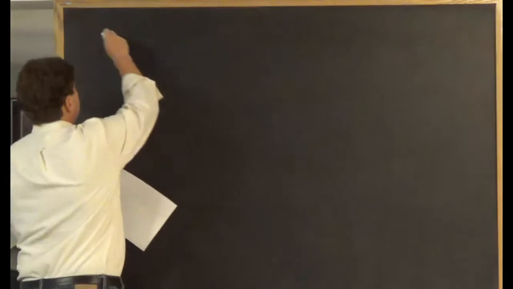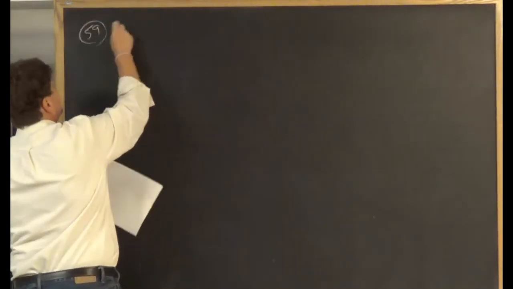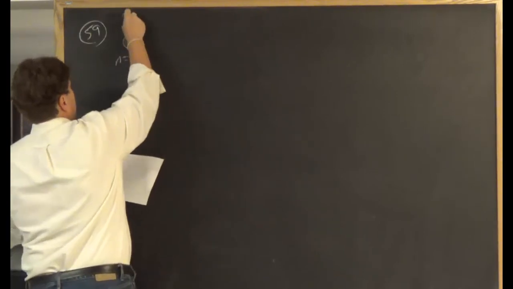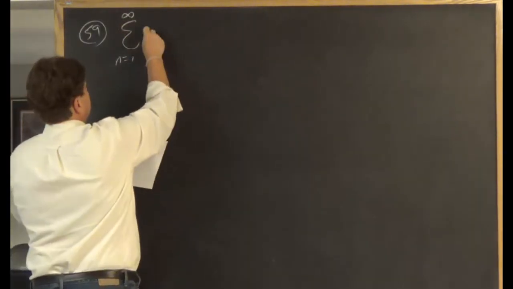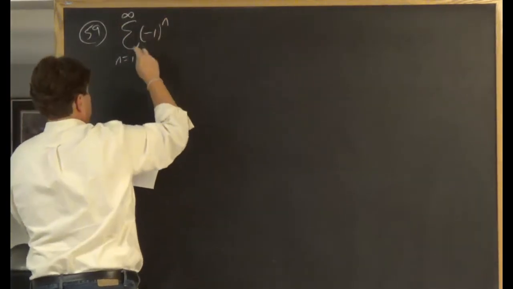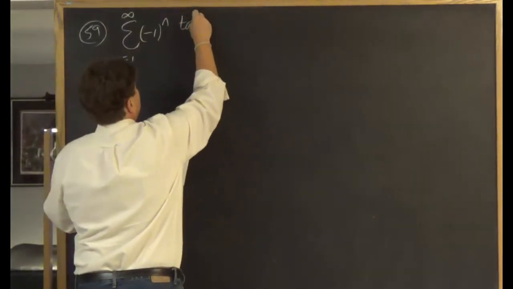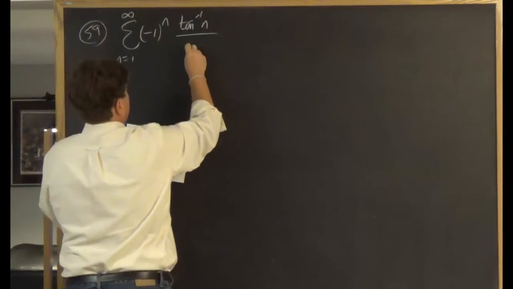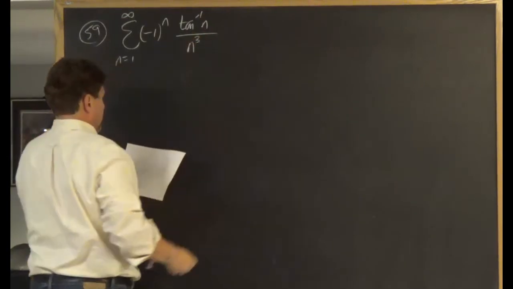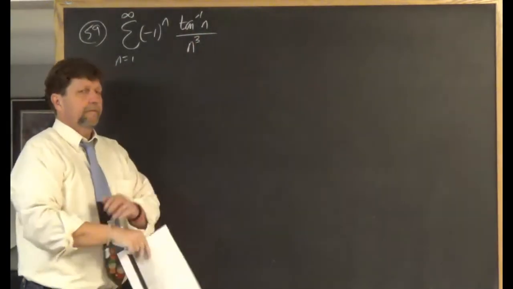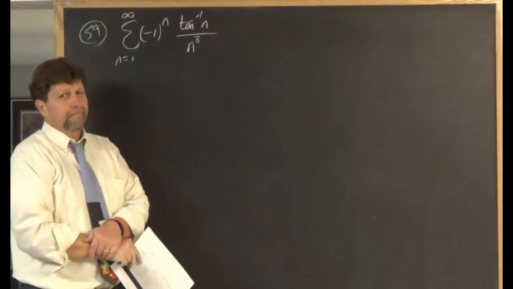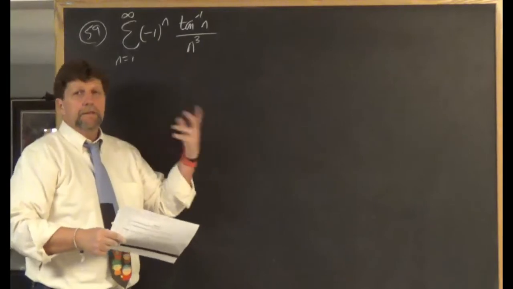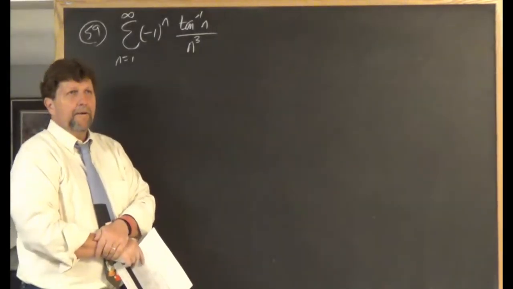So 59 was the series n equals 1 to infinity, negative 1 to the n, inverse tangent n over n cubed. Yeah, it's an alternating series. That negative 1 to the n makes it alternating.